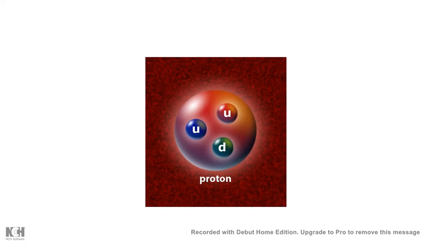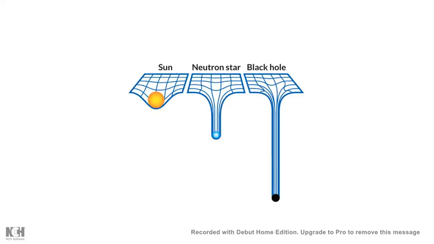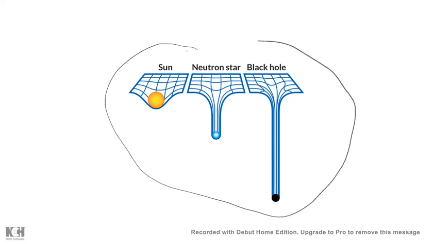So what is the proton? What's the heart of it? Just bring up this. You can see here, I've always considered this a very clumsy illustration of the way mass distorts space-time, as some kind of mesh or rubber mat.